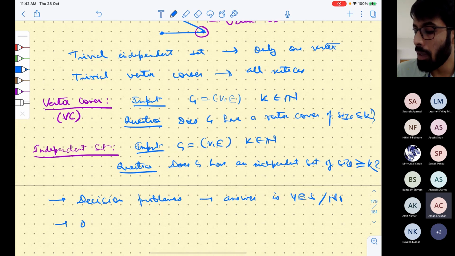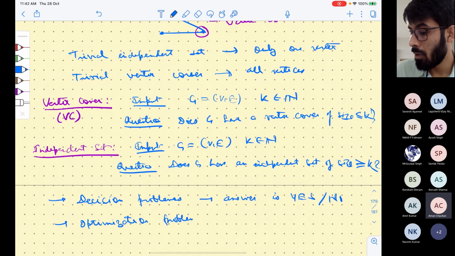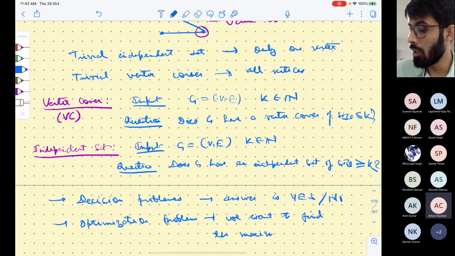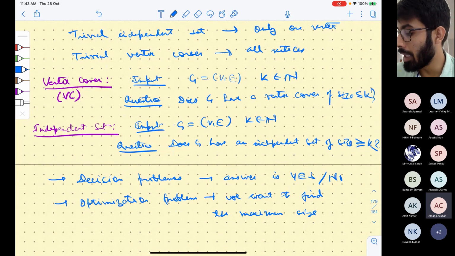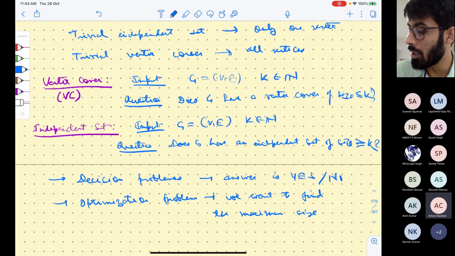While in the optimization problems, we want to find the maximum size or minimum size vertex cover, or maximum size independent set.